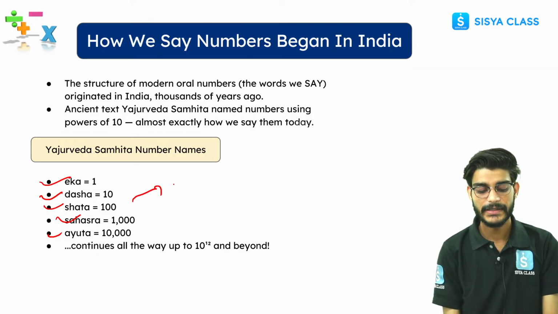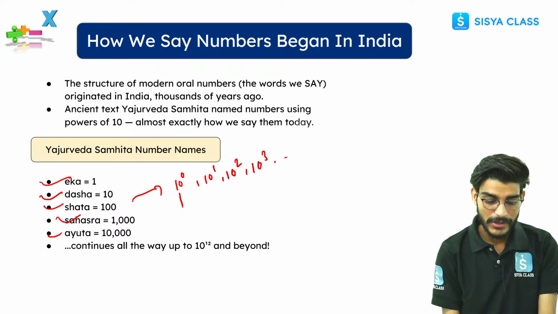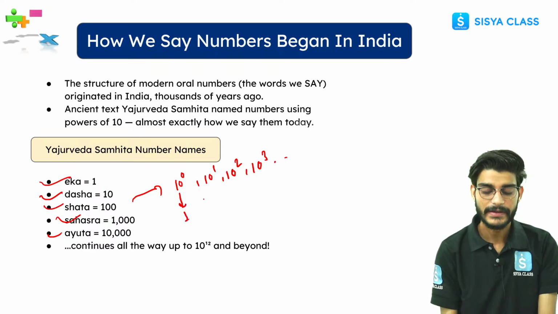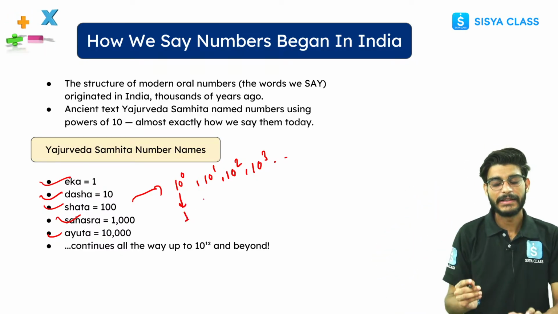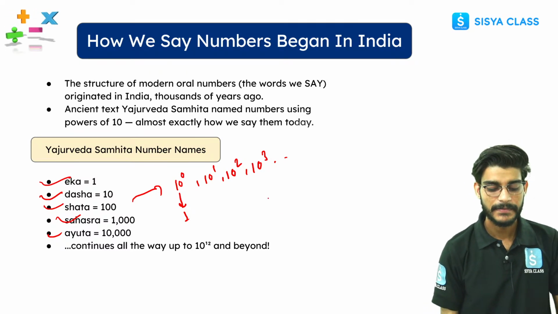Everything, if you see, is 10 to the power, right? 10 to the power 0, 10 to the power 1, 10 to the power 2, 10 to the power 3, like that. So 10 to the power 0 means 1, and when they took the base as 10, they called it Eka.